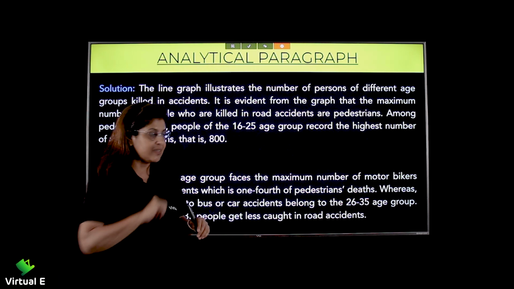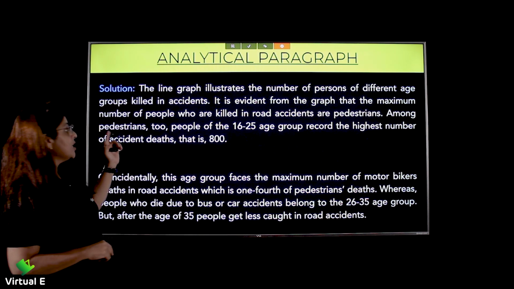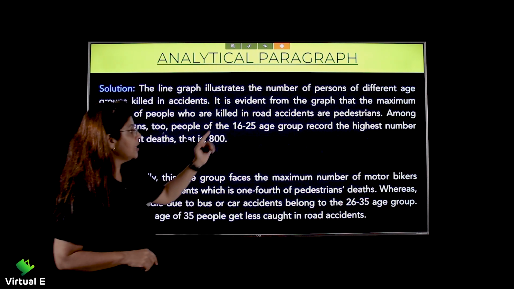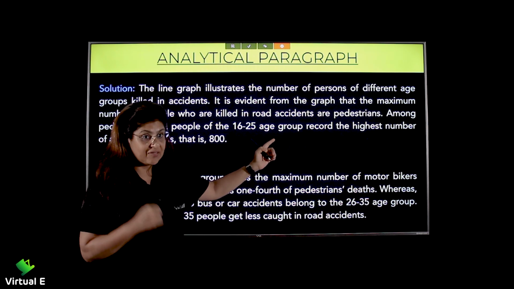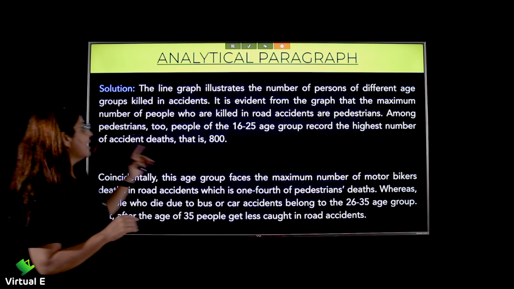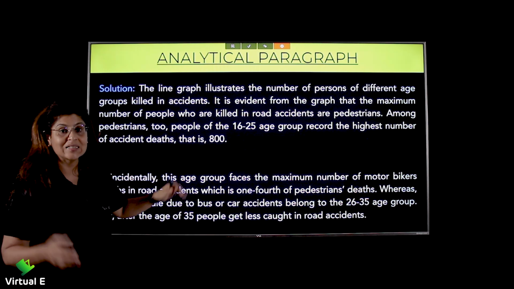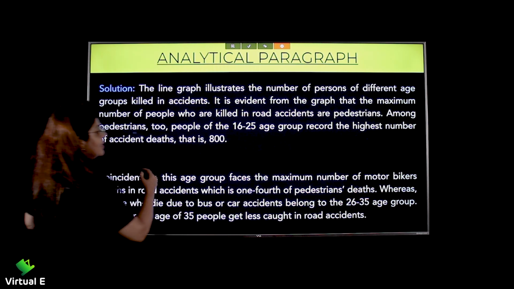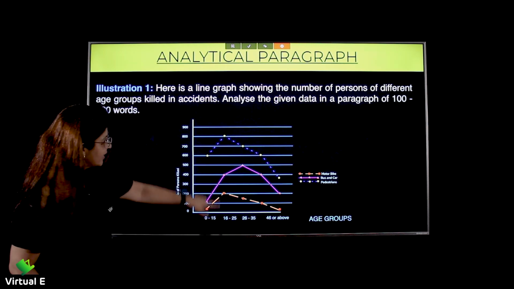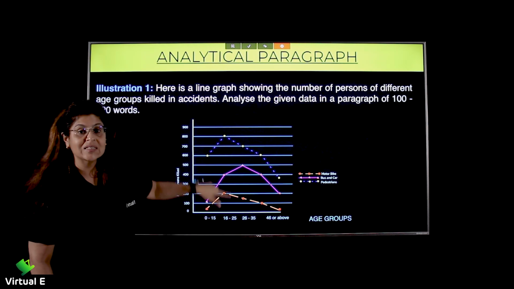We saw it was 800. Among pedestrians too, people of the 16 to 25 age group record the highest number of accident deaths, that is 800. So let's go back. Let's see this, we said 800 and 16 to 25.